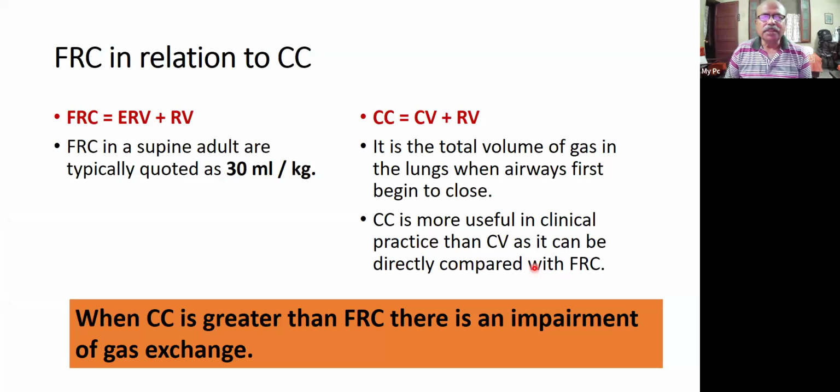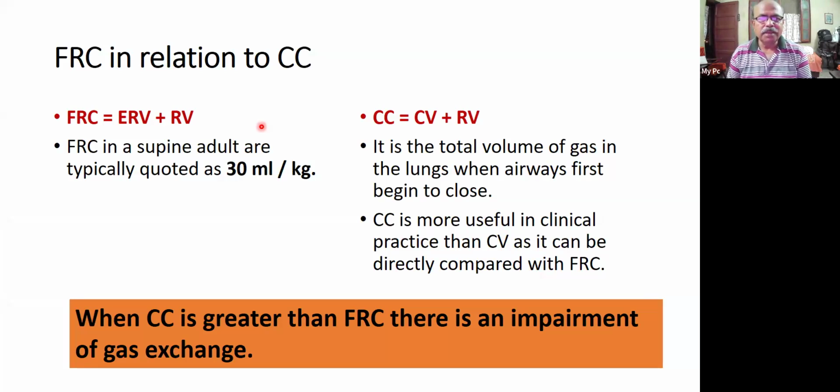So FRC is nothing but the expiratory reserve volume plus the residual volume. And FRC in an adult supine is typically quoted at 30 ml per kg. Now, closing capacity is the sum of closing volume and residual volume. And closing volume is the volume of gas in the lungs when the airways first begin to close.